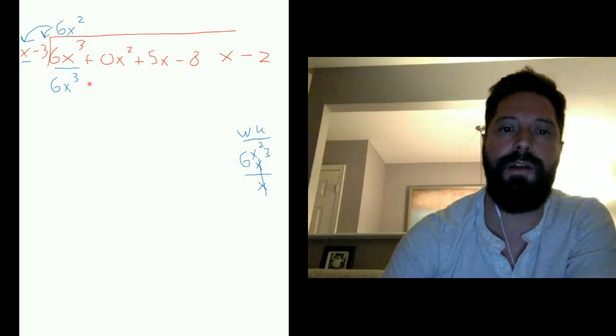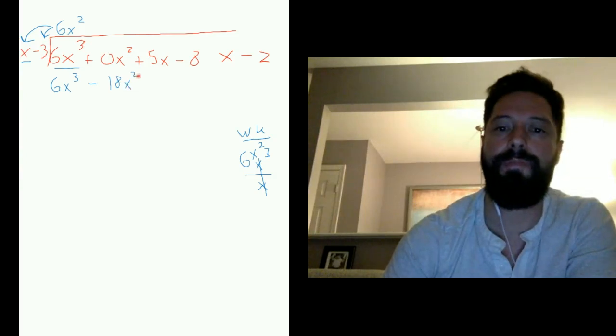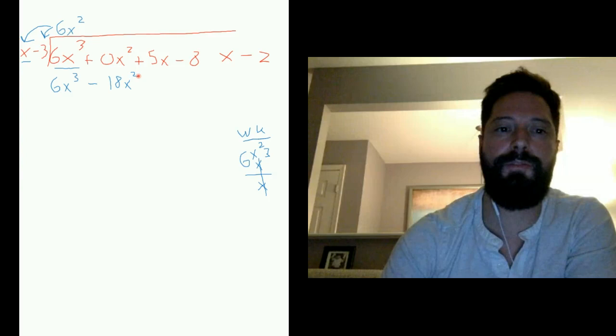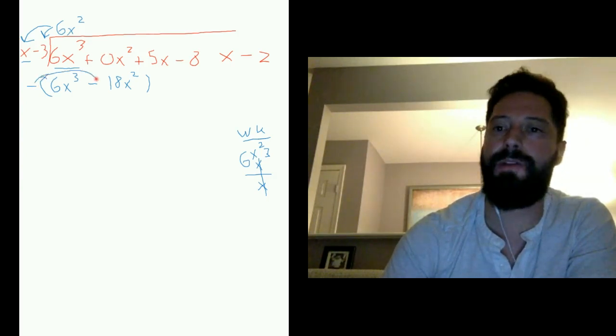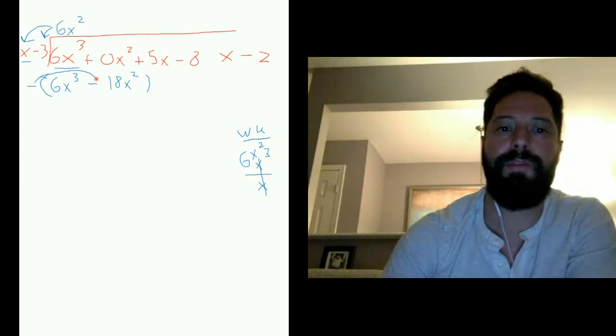Okay, I subtract the entire binomial, and when you subtract, you distribute the signs through, which means this is going to be minus 6x cubed plus 18x squared. So the signs flip and then you add them.